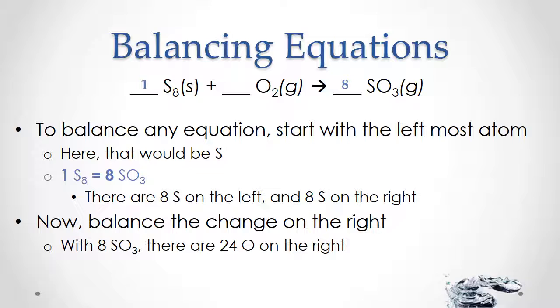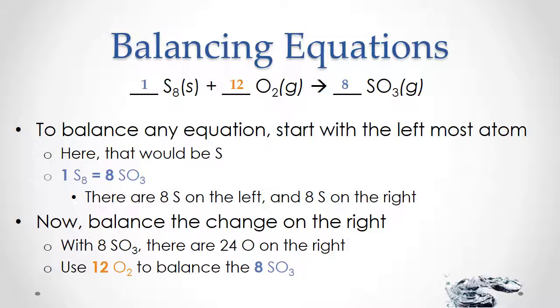To make sure that we have 24 oxygens on the left, we have to take the number of oxygens that we have and divide by 2, because we have a molecular form of oxygen. Each molecule of oxygen is going to contribute 2 oxygen atoms. So if we have 12 O2 molecules, we'll have 24 oxygens on the left. So in order to balance our equation, we have to have 1 S8 plus 12 O2s to give 8 SO3s.